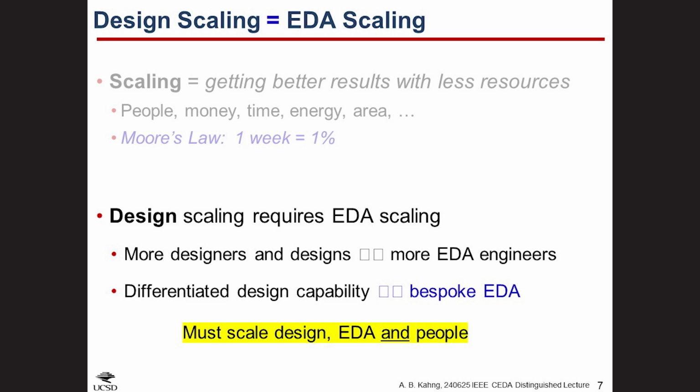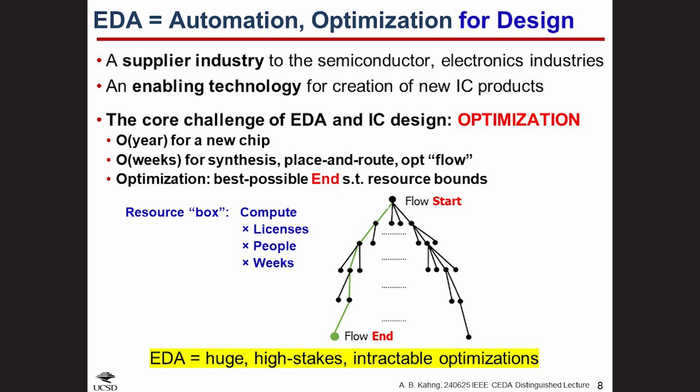And your goal is to find the best possible end, but start to end is expensive. It takes weeks and millions of dollars of EDA licenses. We want the best possible end. There's a huge space of trajectories, and design has to live in this box of resources, servers, licenses, people, and weeks of schedule.